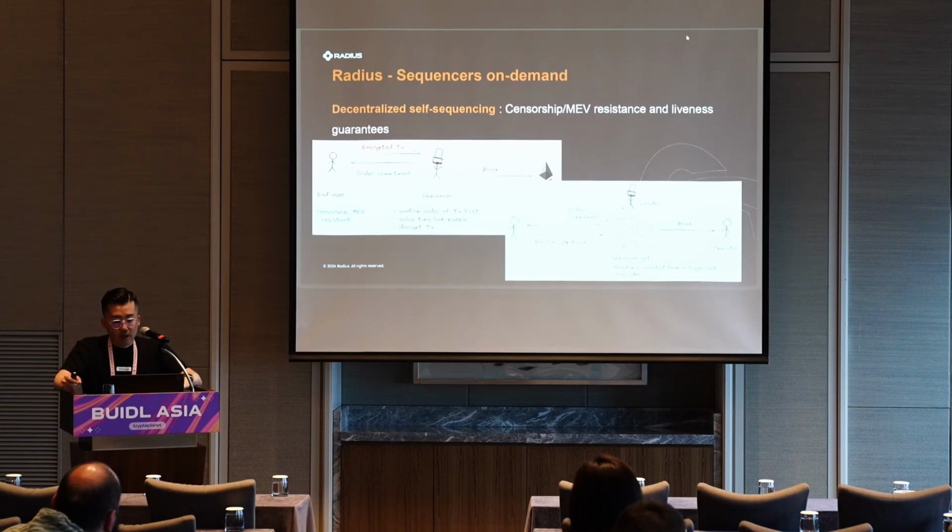Another one is liveness. Our shared sequencing layer works on leader-based sequencing, which means we don't have a consensus mechanism when building a block. Because we use an encrypted mempool, there's nothing this leader can do, such as manipulating order. So that's why we can use leader-based sequencing compared to a consensus model, which means we can guarantee maximized scalability for rollups.